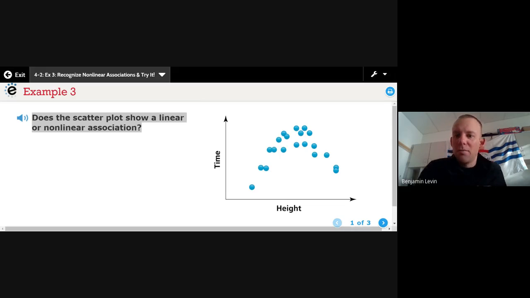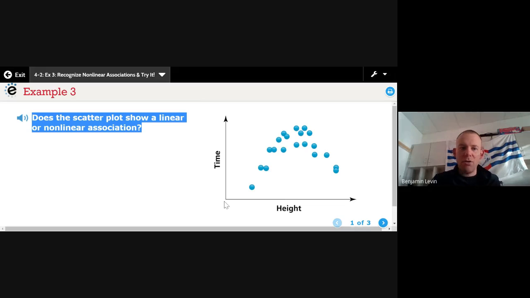So go to the poll and give me a vote. Does this scatter plot show a linear or nonlinear association? We learned about linear and nonlinear two weeks ago into last week. What do you think? Is that linear or nonlinear?